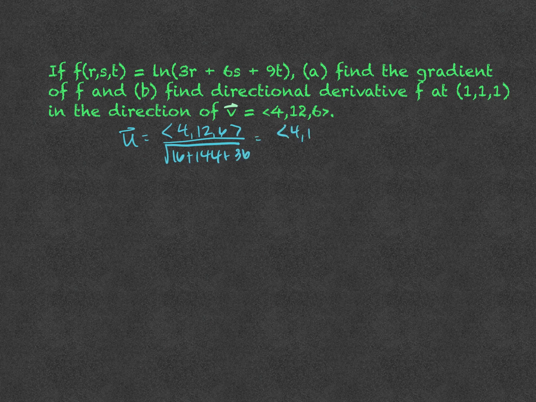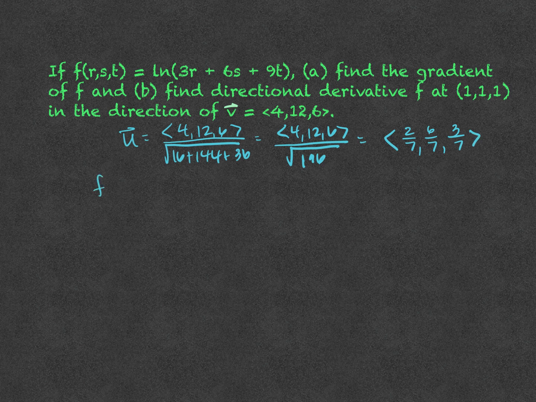So we have 4, 12, 6 over the square root of 196, and the square root of 196 is 14. So we have 4 over 14, which reduces to 2 over 7. We have 12 over 14, which reduces to 6 over 7. And we have 6 over 14, which reduces to 3 over 7.